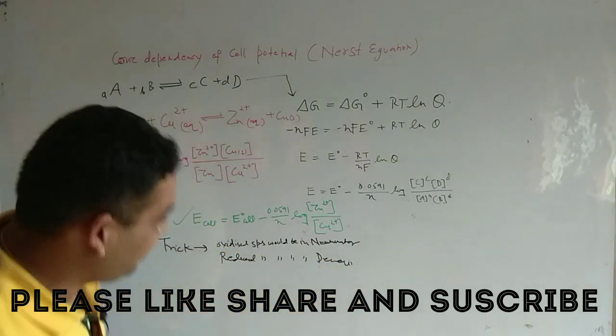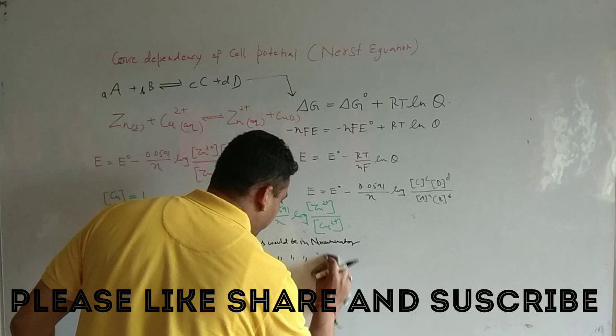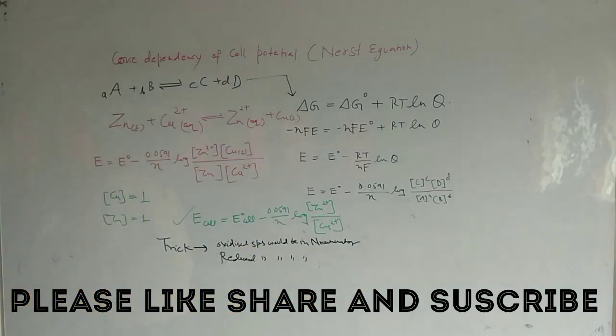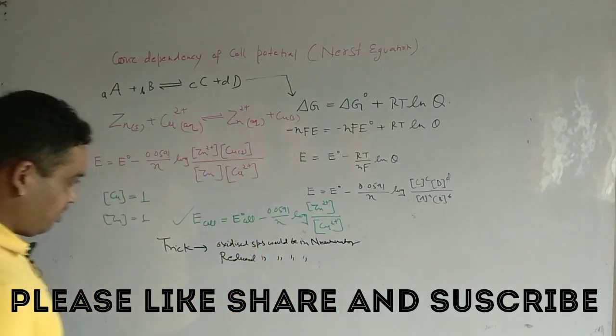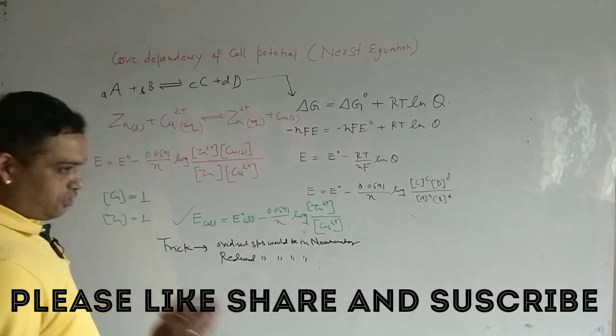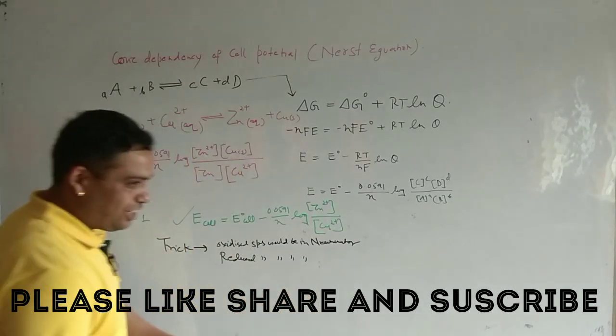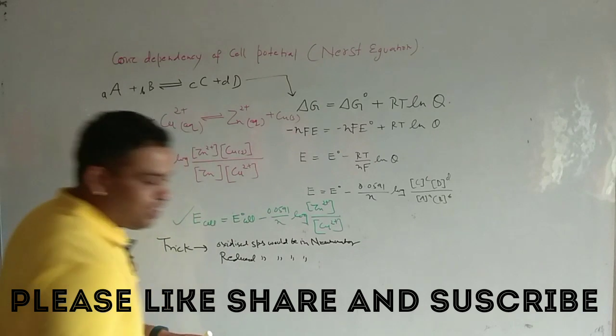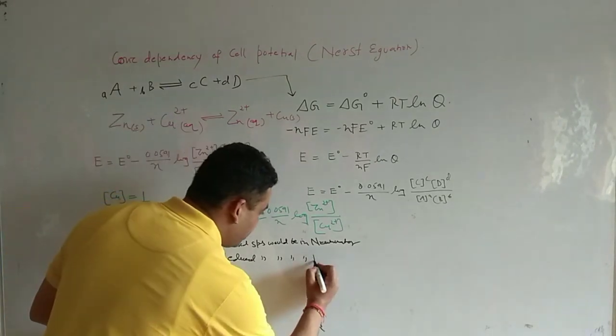Sorry for my handwriting. Actually, this is the problem with me, and I have also lots of comments against my handwriting. It is not very clear, but I am trying to make it clear now. So this is the denominator.